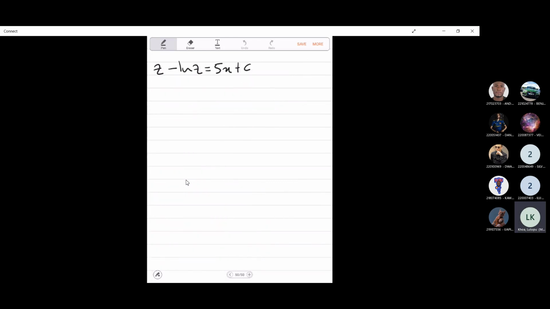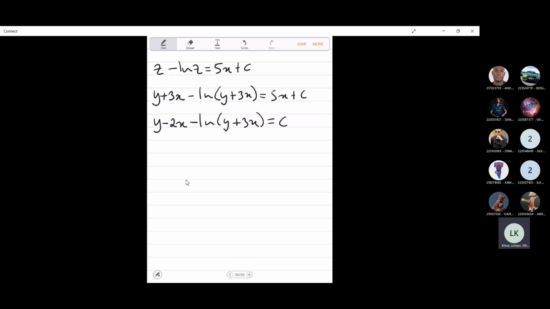So I have y plus 3x minus ln of y plus 3x is equal to 5x plus c, and this I can write as y minus 2x minus ln of y plus 3x is equal to a constant, or 2x minus y plus ln of y plus 3x is still equal to a constant, even though I've multiplied everything by minus 1.